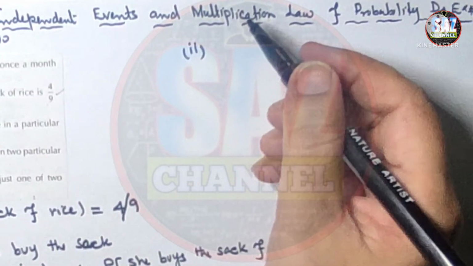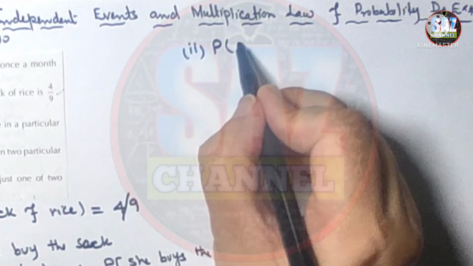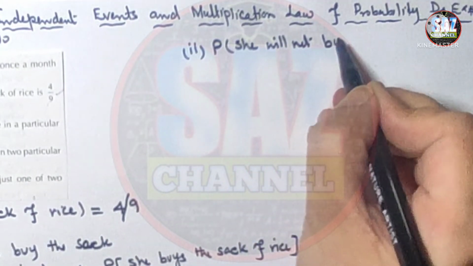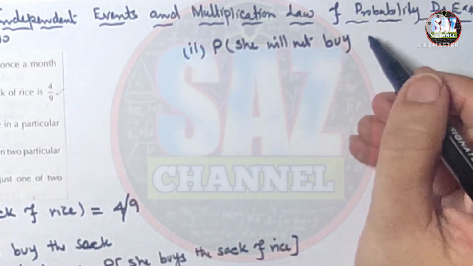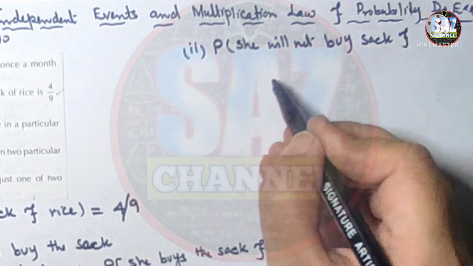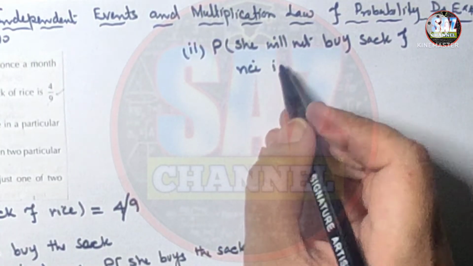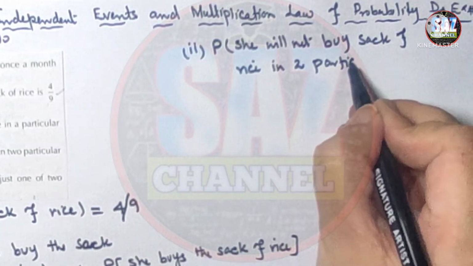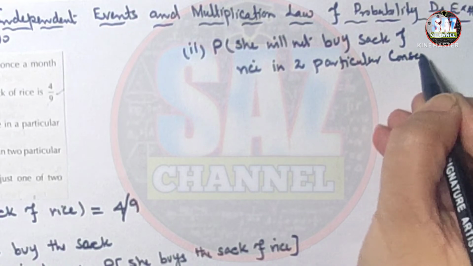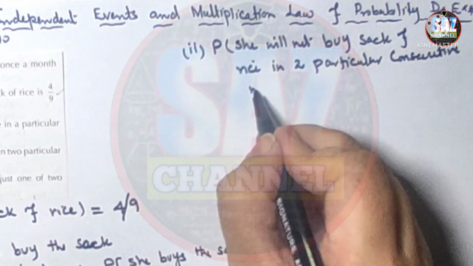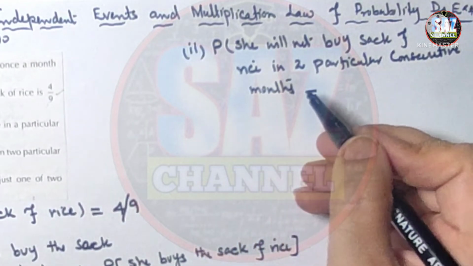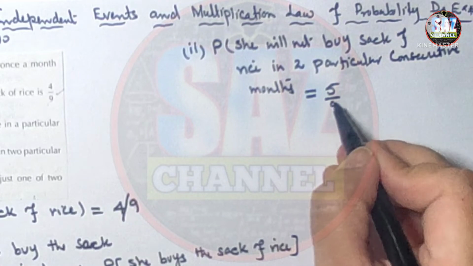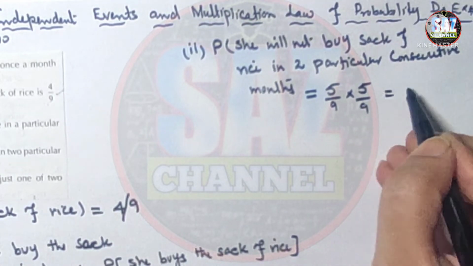So for that purpose, students, we have to multiply the probability of not buying in the first month, 5 by 9, and not buying in the second month, 5 by 9, which is equal to 25 by 81.